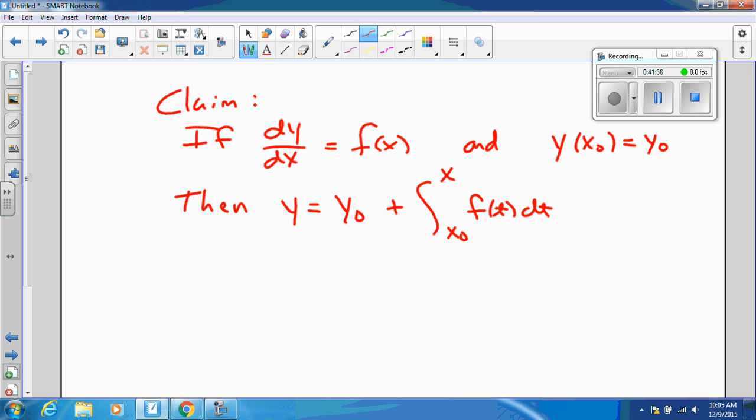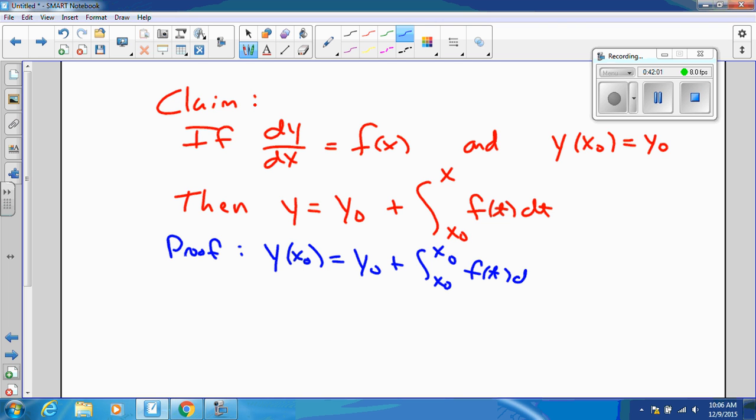And notice the use of the dummy variable. And the proof is really simple. All I have to do is check that my solution satisfies these two conditions. If I evaluate y of x0 as specified, then I get y0 plus the integral from x0 to x0 of f of t dt. But that's 0, and the initial condition is satisfied. Ta-da.